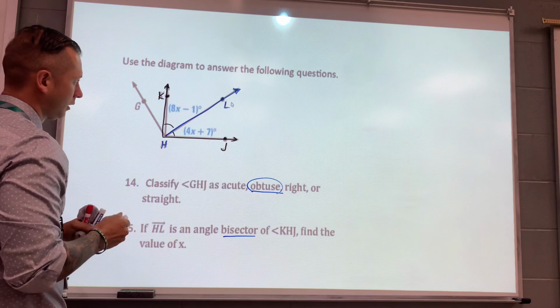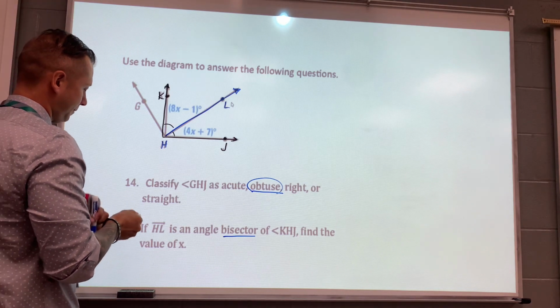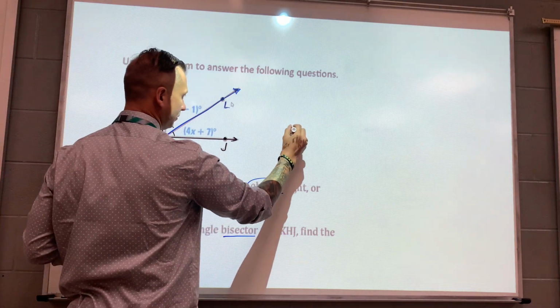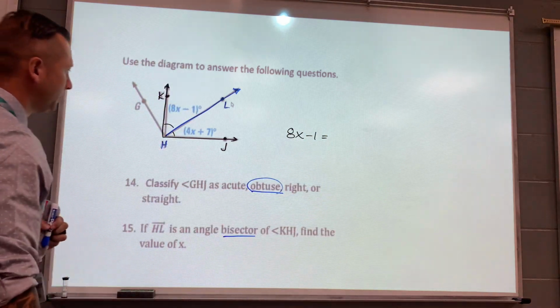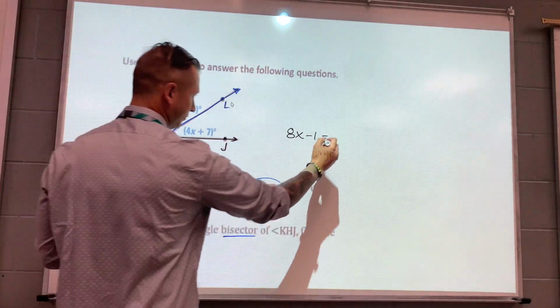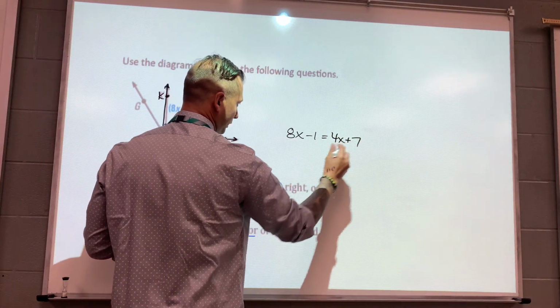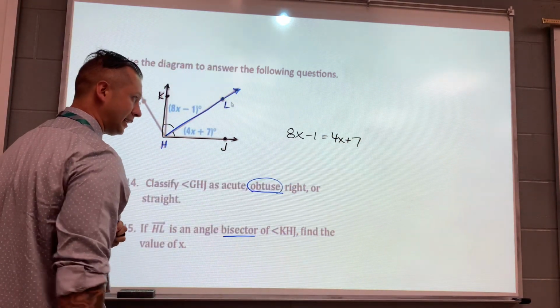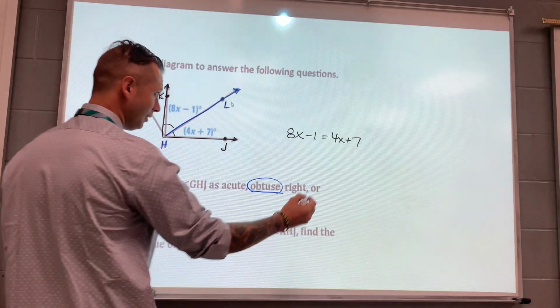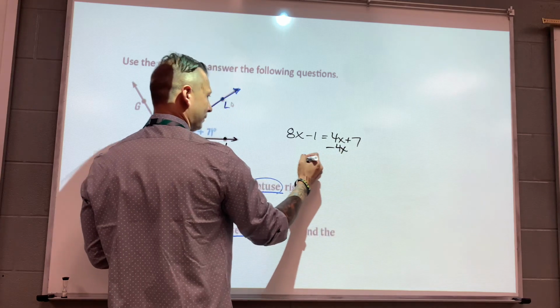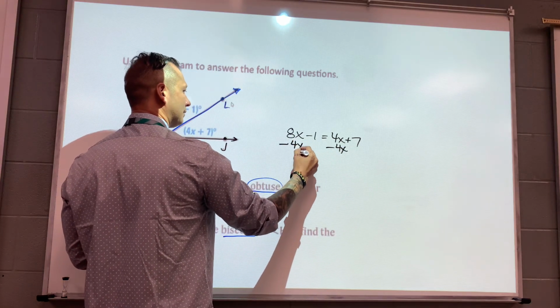So they're equal to each other. 8x minus 1 is equal to 4x plus 7. Solve for x. Minus 4x, minus 4x.